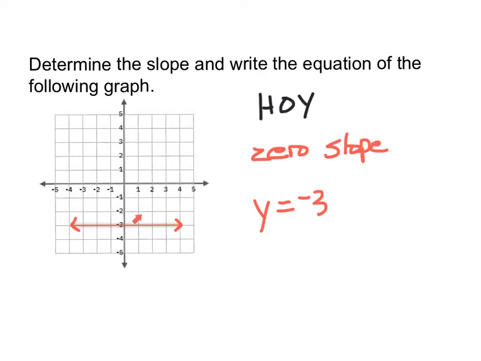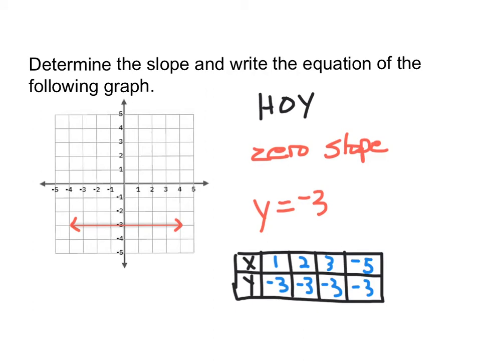So if you plug in a 1, you get a -3. If you plug in a 2 for x, you get a -3. If you plug in a 3, you get a -3. So you can see on this table here that we always have an output of -3. So the equation is very simple, y equals -3. This is a zero slope because the line is horizontal.